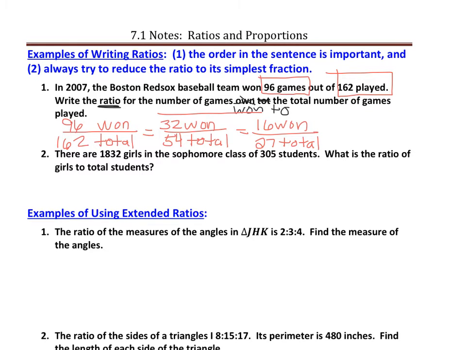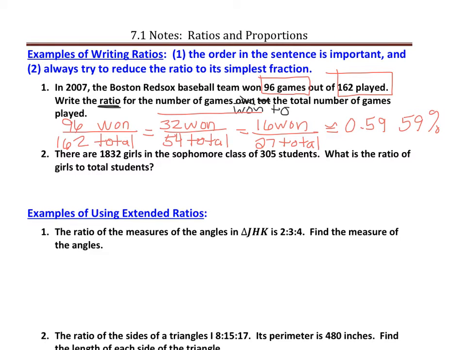In baseball, the quotient is often found in order to cite statistics, so you could turn this into a decimal, approximately 59 hundredths. You could read that as they win 59% of the time.